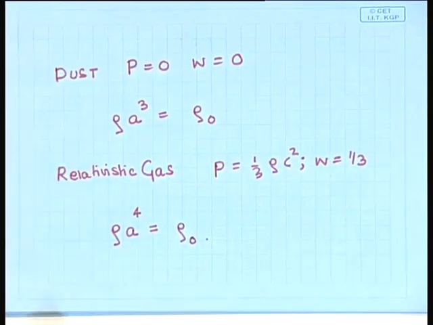So, we see that the way the density changes as the universe expands depends on the pressure of the medium. This is something which has to be incorporated when we allow for the possibility that the constituent of the universe has pressure. Okay.